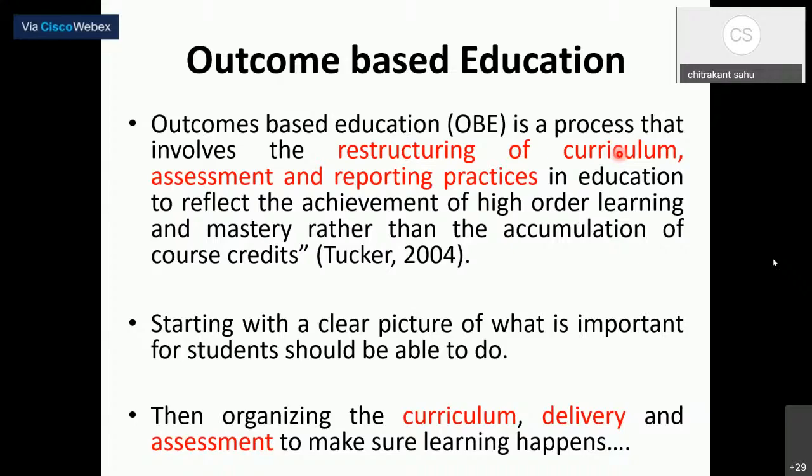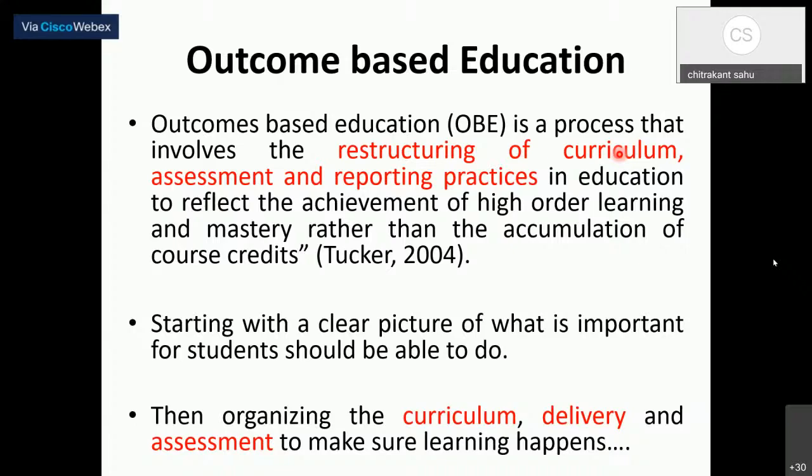If an institution runs its courses based on outcome-based education, they have certain goals: their graduates should be able to demonstrate mastery in a particular specialization, they should be placed in certain branded industries, and they should be good communicators.